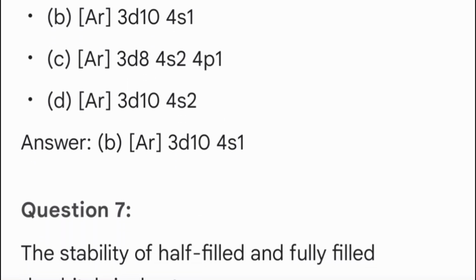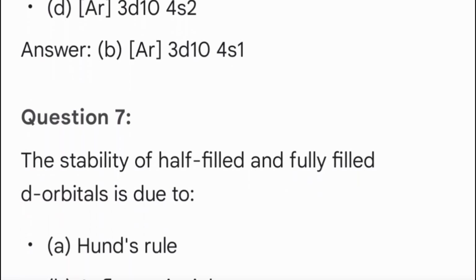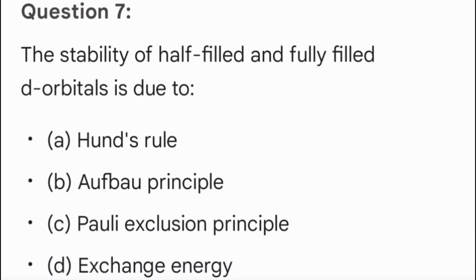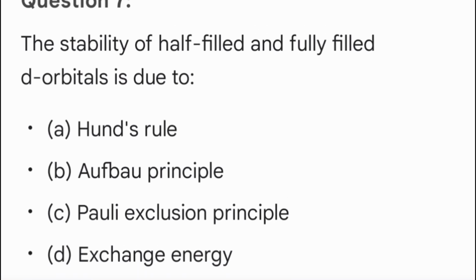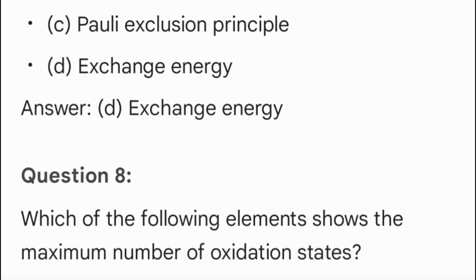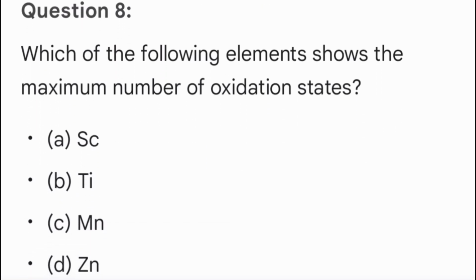Question 7. The stability of half-filled and fully filled d orbitals is due to: A. Hund's rule, B. Pauli principle, C. Pauli exclusion principle, D. Exchange energy. Answer: D. Exchange energy. Question 8. Which of the following elements shows the maximum number of oxidation states? A. Sc, B. Fe, C. Mn, D. Zn.